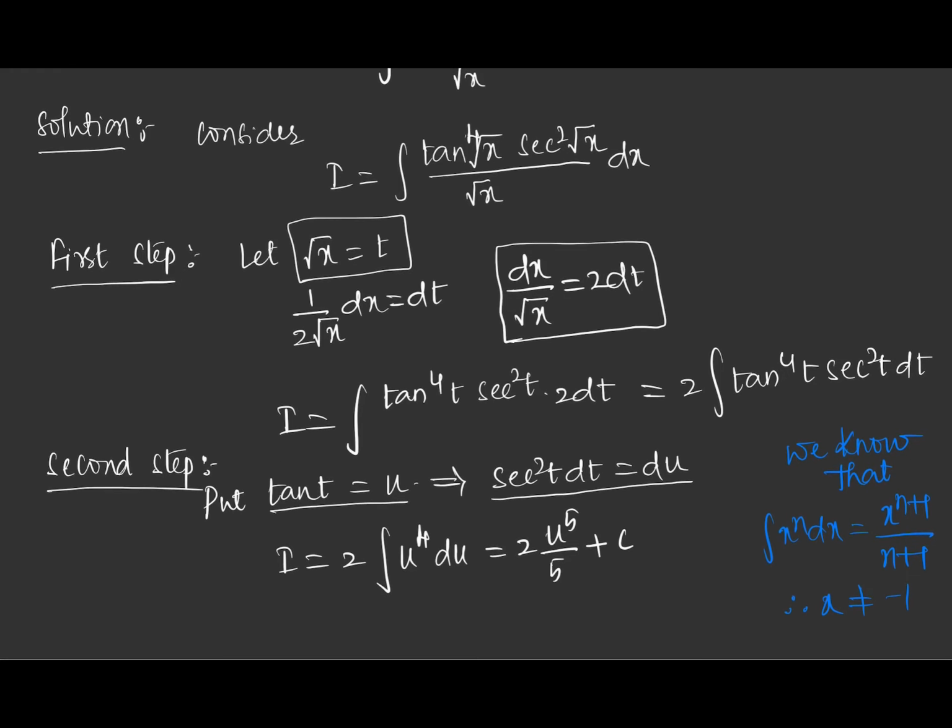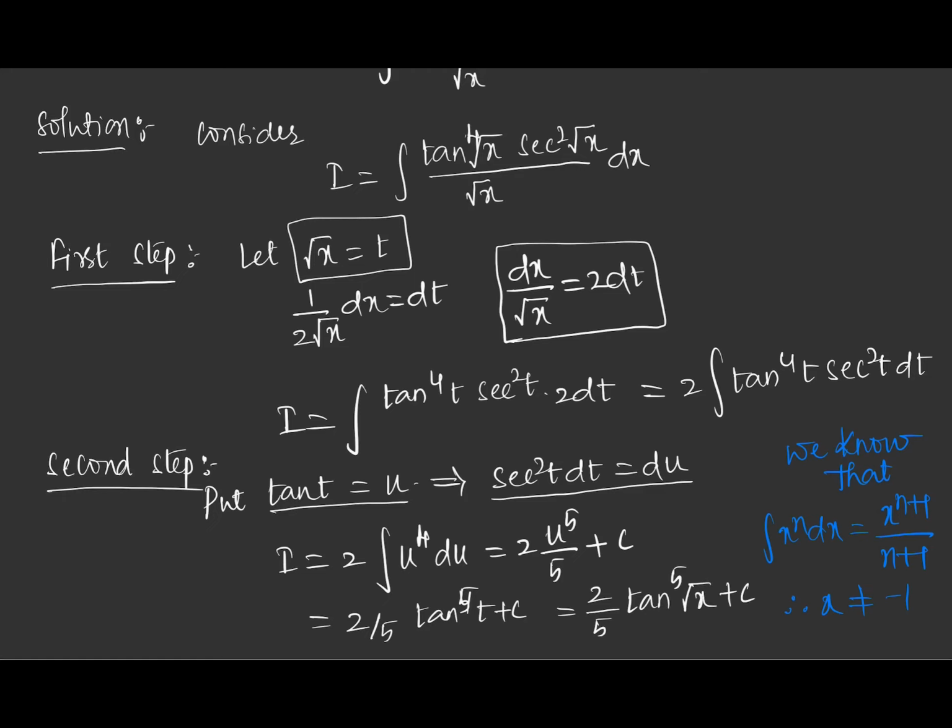So on substituting back u as tan t, we get 2 by 5 tan power 5 t plus c. But further, t is taken as root x. So we will get 2 by 5 tan power 5 root x plus c.